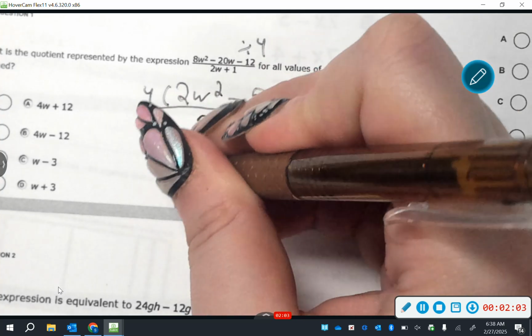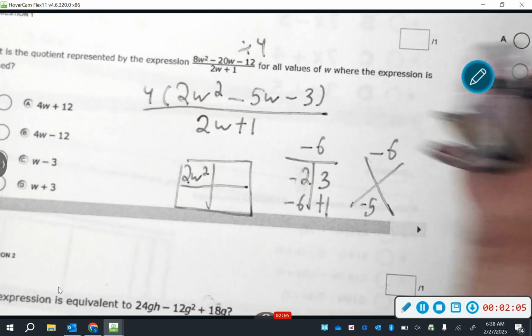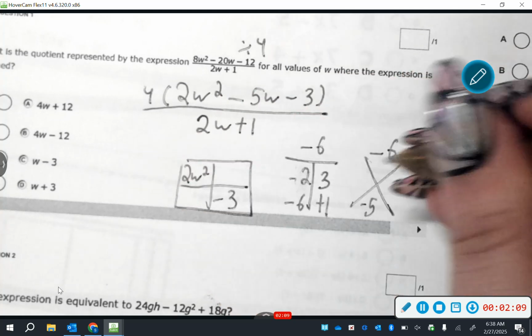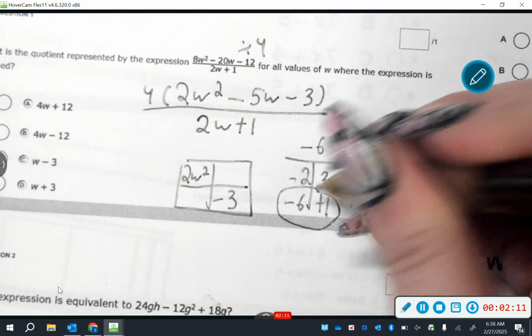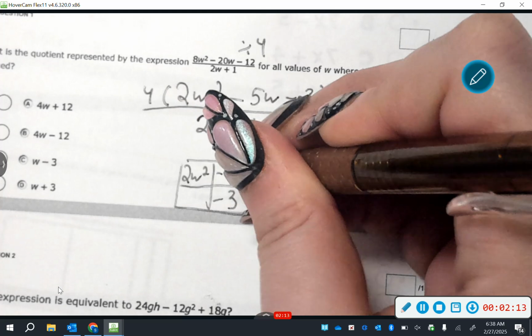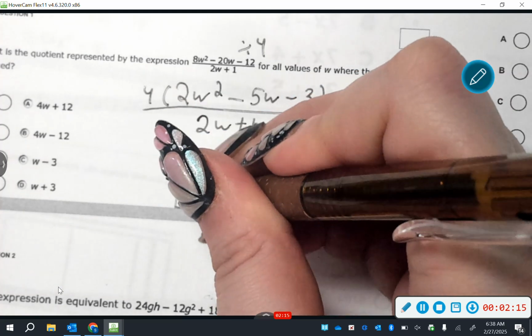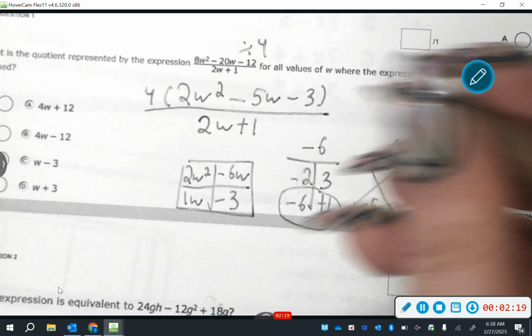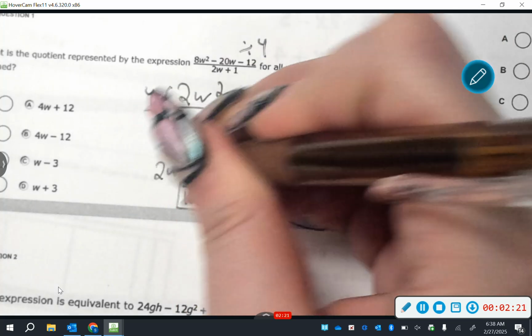So over here we have 2w squared. We have negative 3. And now I know in my two boxes we're going to have a negative 6w and a 1w. Well, to get 2w squared, we need a 2w and a w.